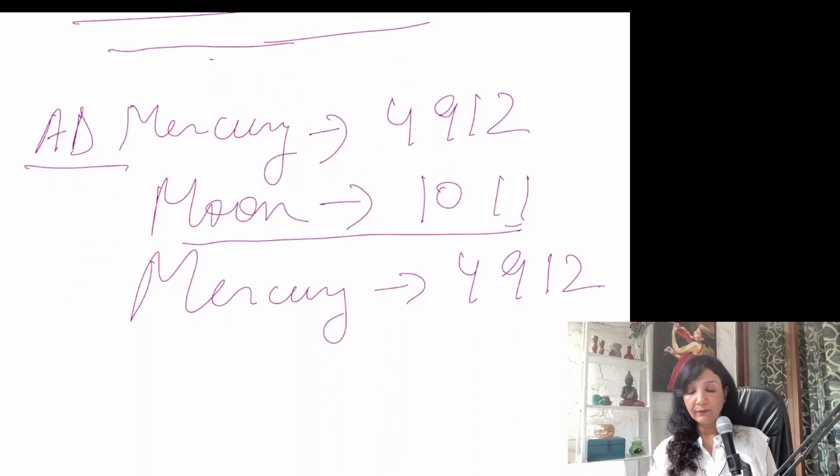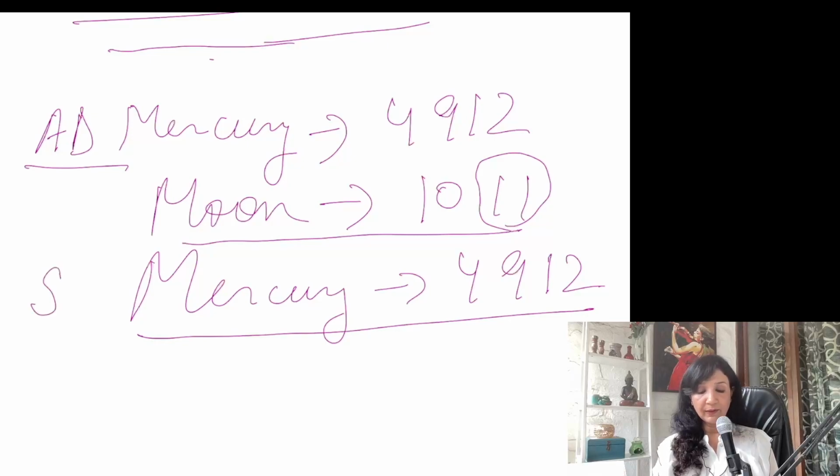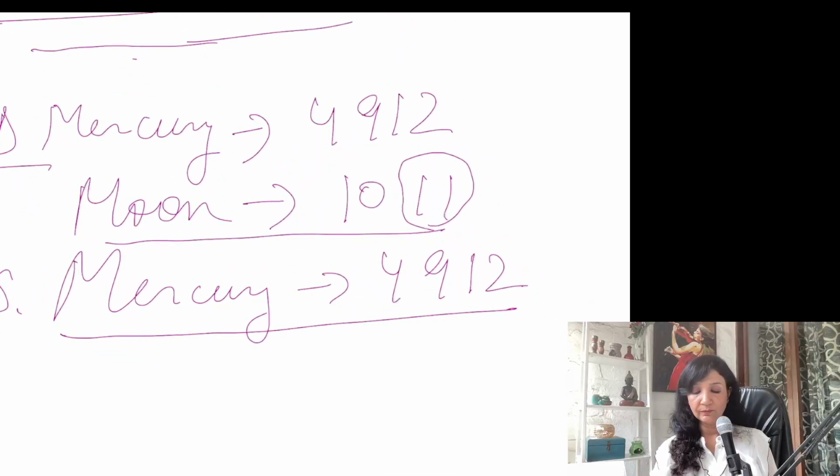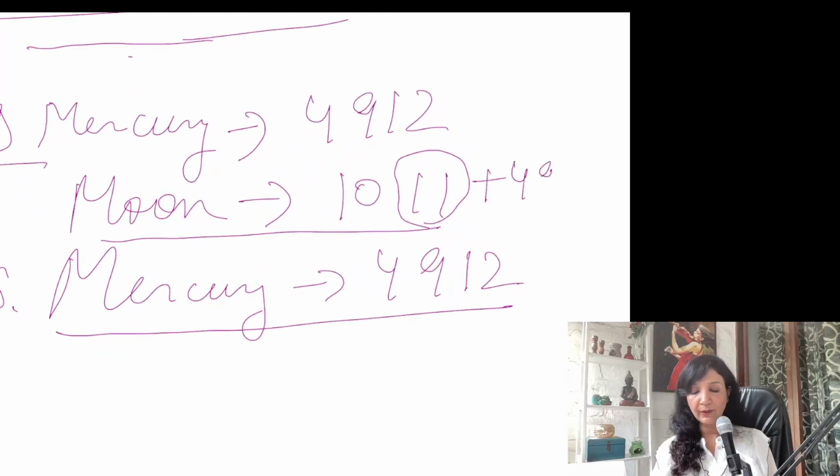So it is in 11th house. And Mercury is a sublord. It is self-significator also. So Mercury will be added over here also. Plus 4, 9, 12. So overall this time period is not bad, but it will bring a lot of expenses and investments in this time period.